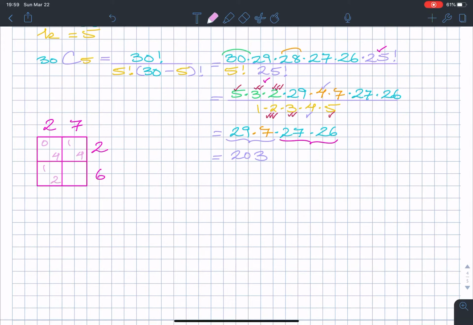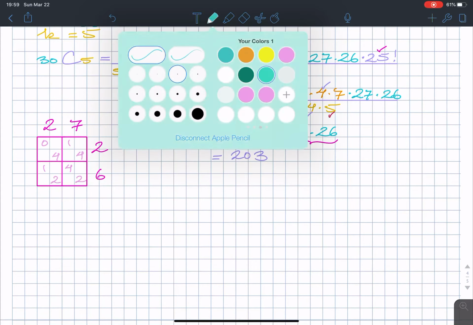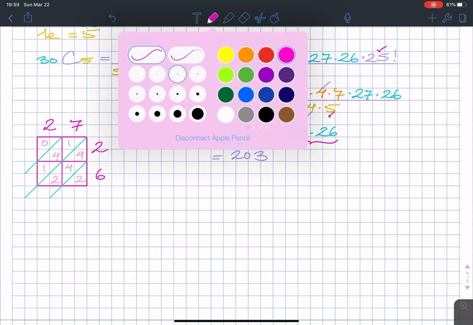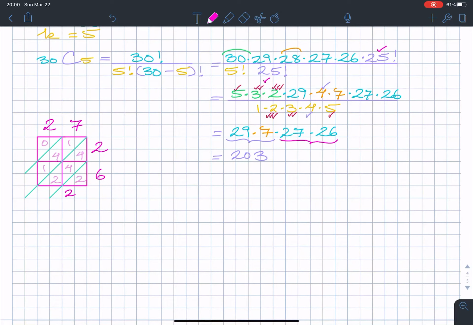And 7 times 6 is 42. Okay, so taking the diagonals here, when we sum the diagonals, going backwards, we get 2. Oh, that's 10, so I carry the 1 and make that a 0. 4, 5, 6, 7, and 0. So I claim that that's 702.